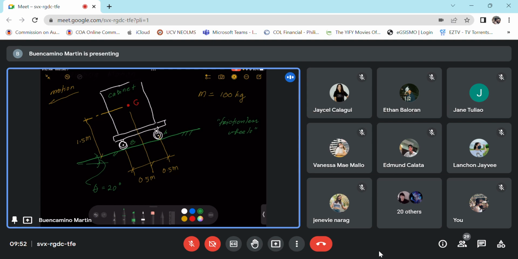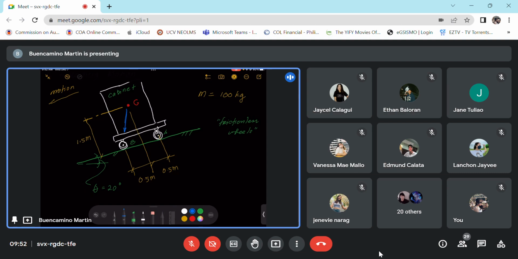Okay. Now we're going to draw first the free body diagram. So ito yung, this represents now the resultant weight of the cart, directed along the vertical.